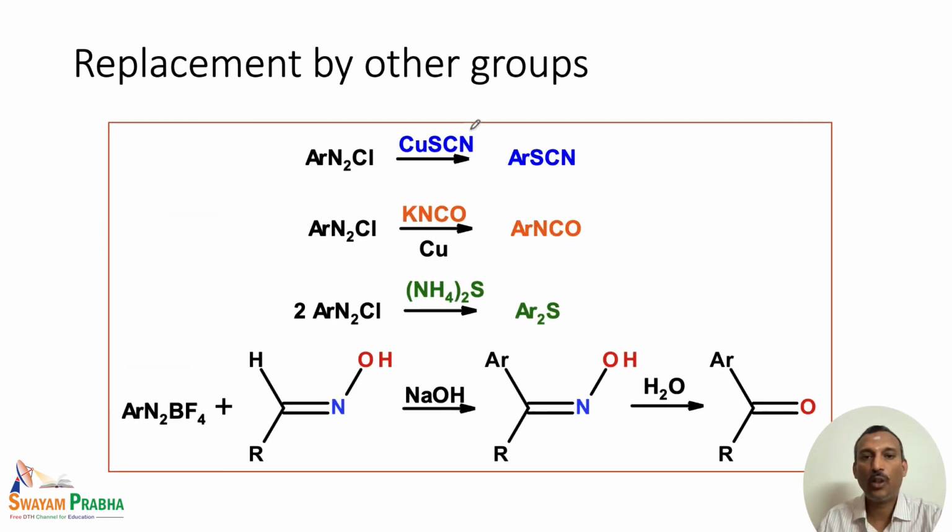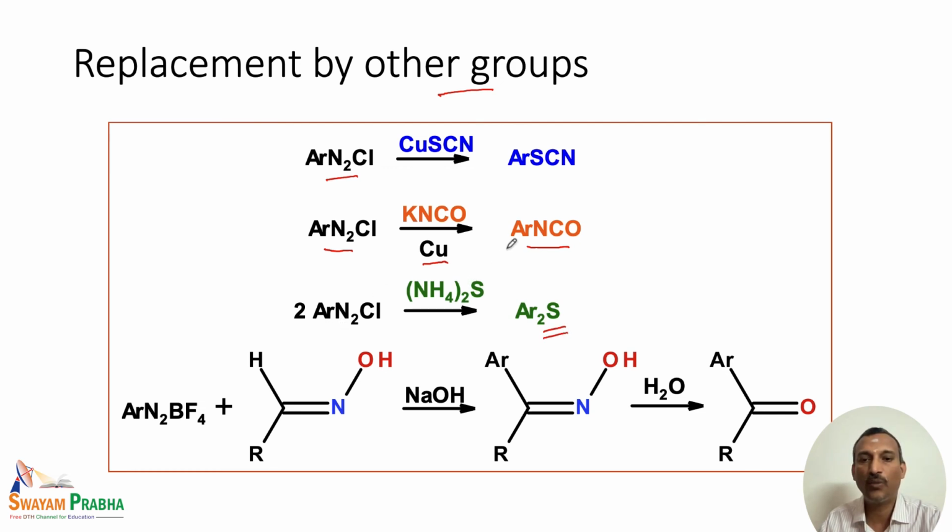There are also other groups which can be used to displace diazonium salts. One is thiocyanates. So, when we use thiocyanates, they can be reacted with diazonium salt to give the corresponding derivatives. Isocyanates on treatment with the diazonium salts in the presence of a metal, that is copper, give the corresponding isocyanate derivatives, and sulfur derivatives also can be used to displace the diazonium salt.